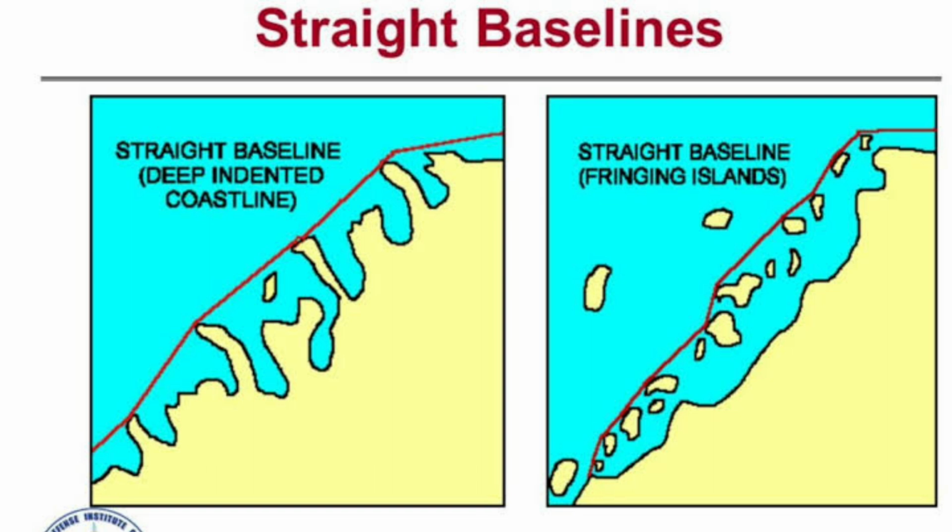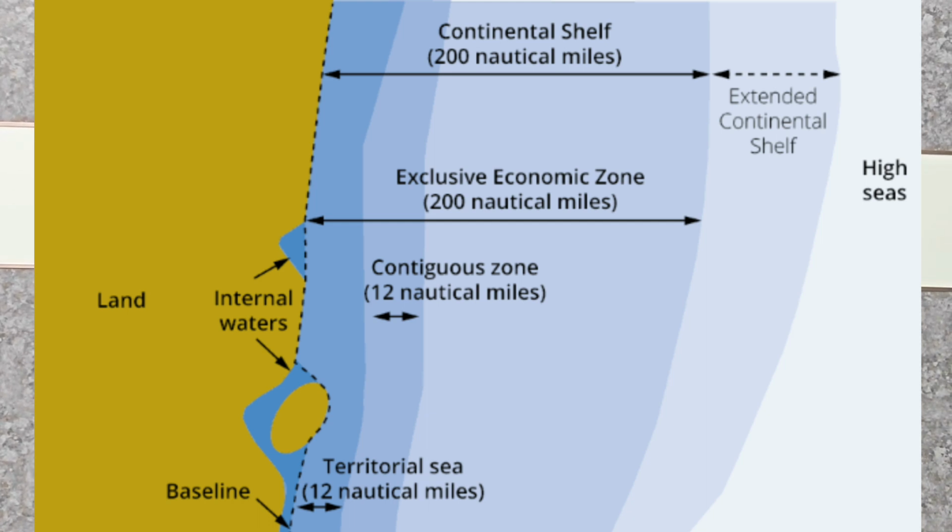From this baseline, there are various zones which are divided as per distance. Starting from the baseline, the waters present inside the coast are called internal waters. The waters extending 12 nautical miles from the baseline into the ocean are known as territorial waters.